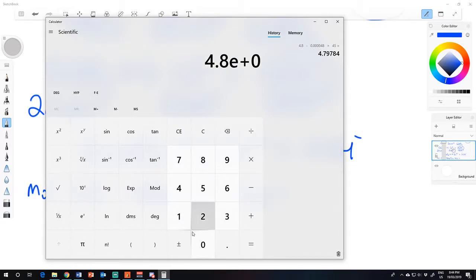There you go. Okay, so that's how many millimoles I have.